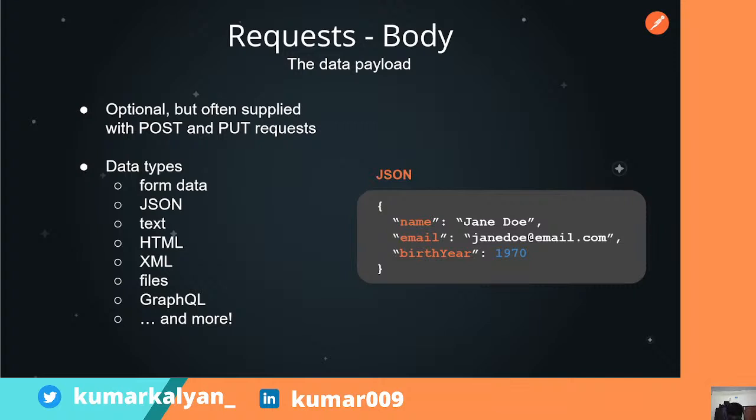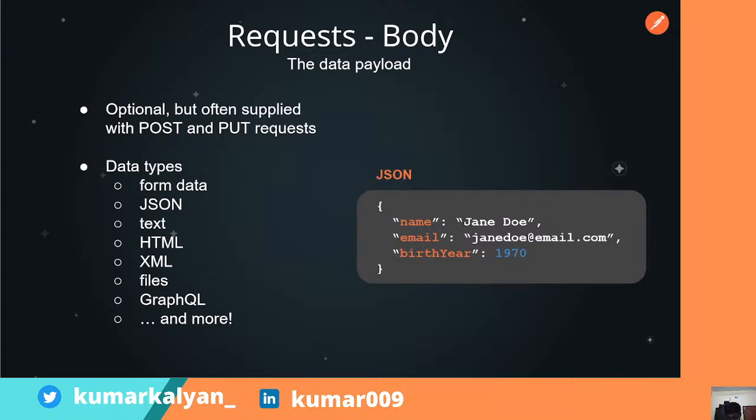If I explain this in simple words, computers only understand a language that consists of zeros and ones. Similarly, APIs understand JSON, which stands for JavaScript Object Notation, or text format, or HTML files, or graphical files, any type. It depends on the server. So these are the ways we pass the data to our server.